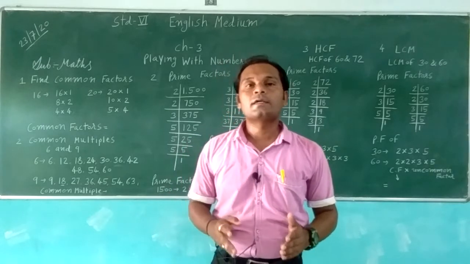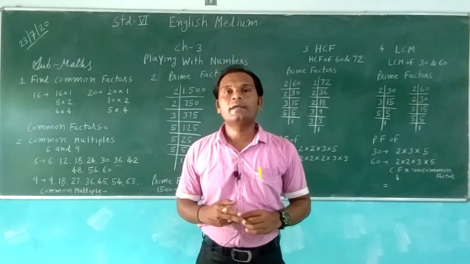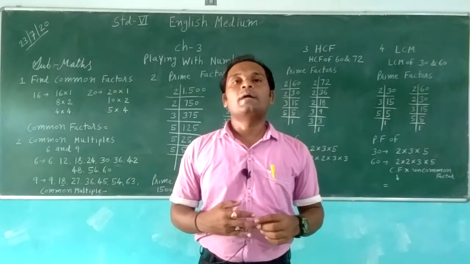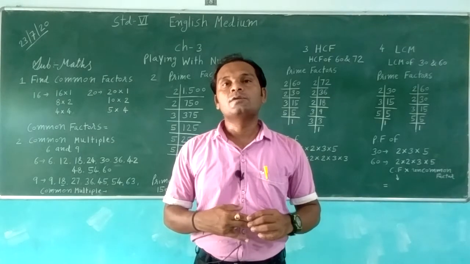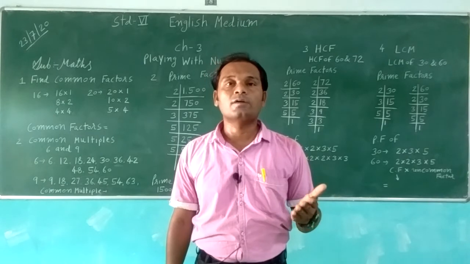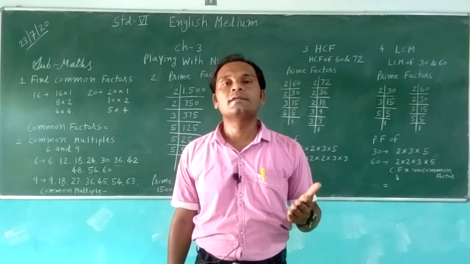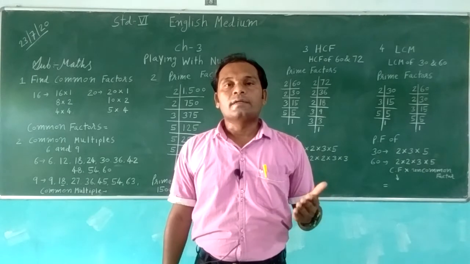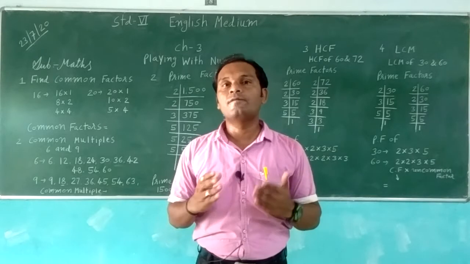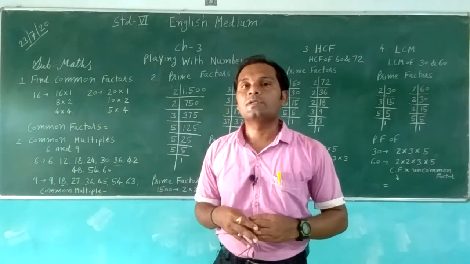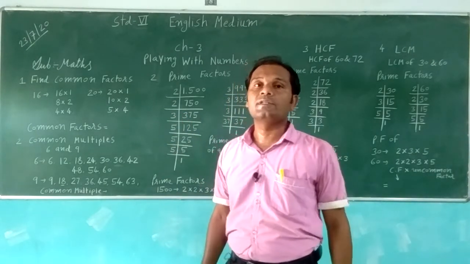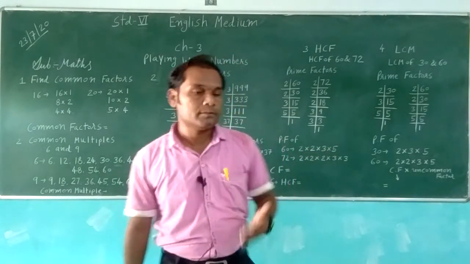Suppose I am taking 19, then 1 is compulsorily a factor of 19, because 19 ones are 19, and 19 is a factor of 19. So the number itself and 1 are factors of all numbers. So now let's see how to find the factors of the two given numbers.